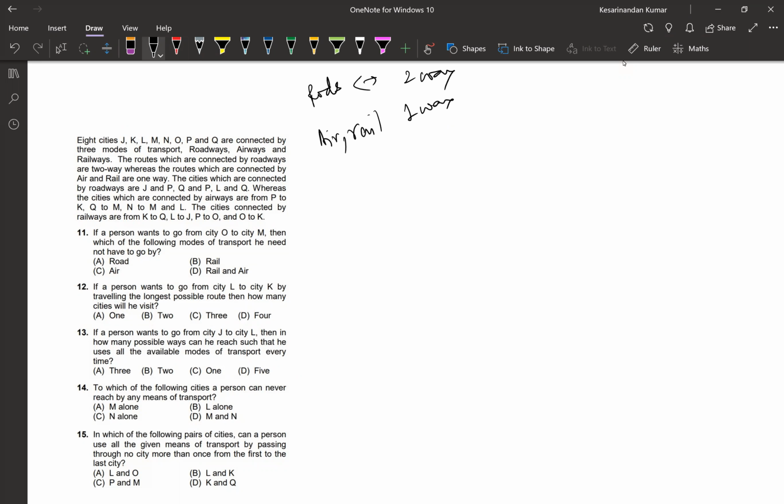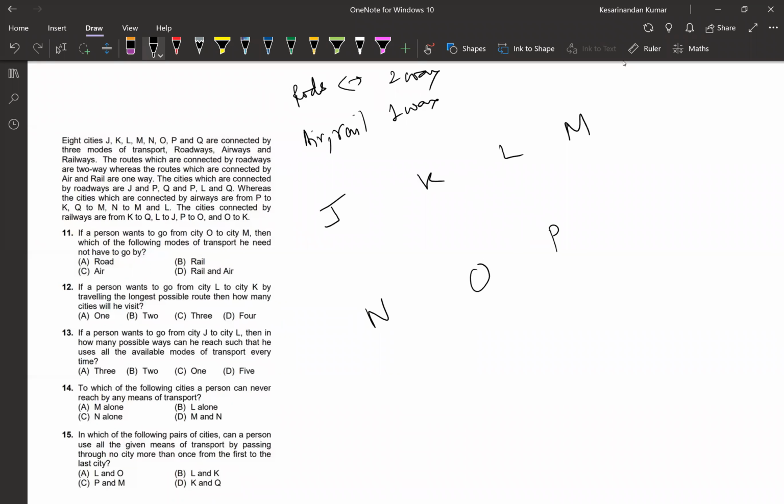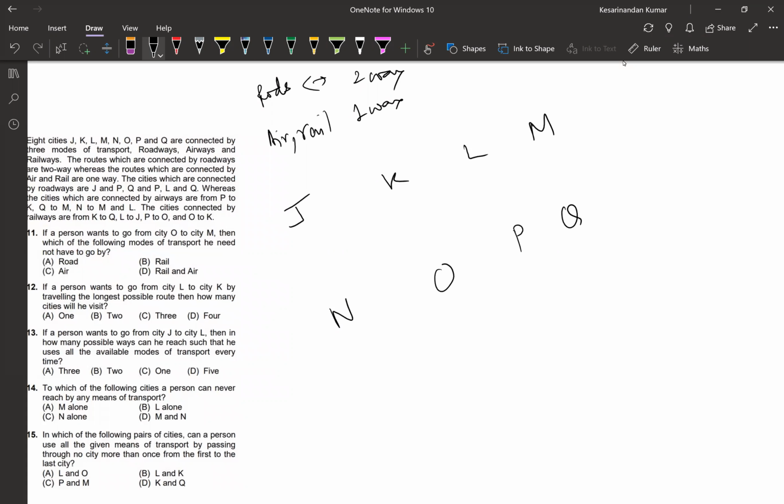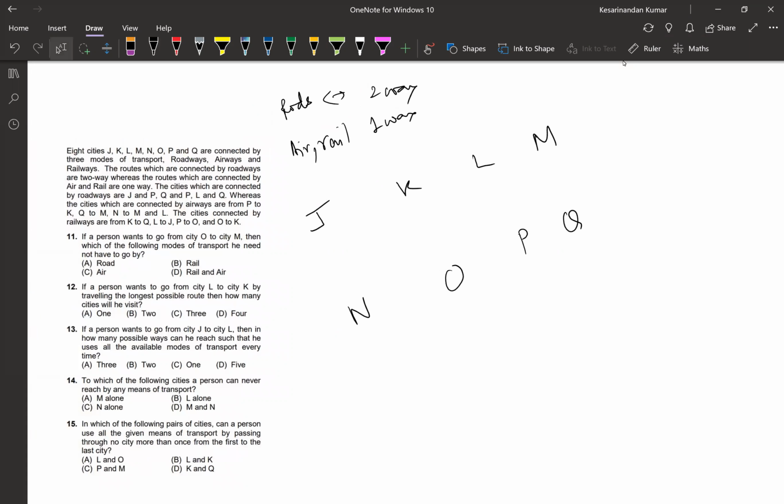The cities which are connected by roads are J and P. Let's first write J, K, L, M, N, O, P, Q. So the cities which are connected by roads are J and P. Okay.